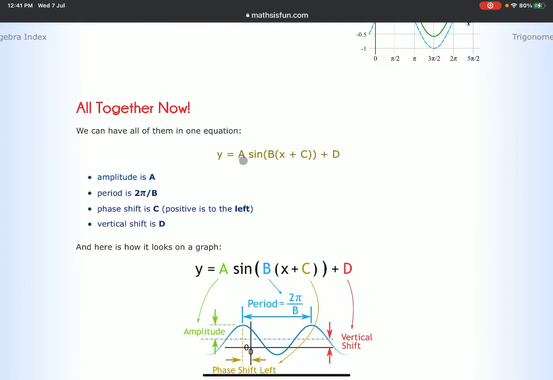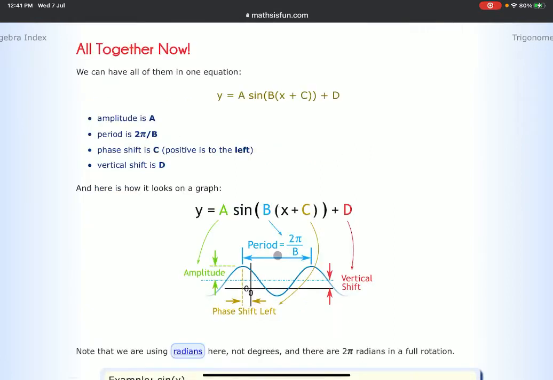So, function of x is equal to a sine times b times x plus c plus d. Itong period ay laging equal sa 2 pi over b, whatever yung value ni b. Si amplitude naman, madali lang kung ano yung nasa unahan ni sine or ni cosine, kung ano man yung function na gamit ng nakalagay sa formula.